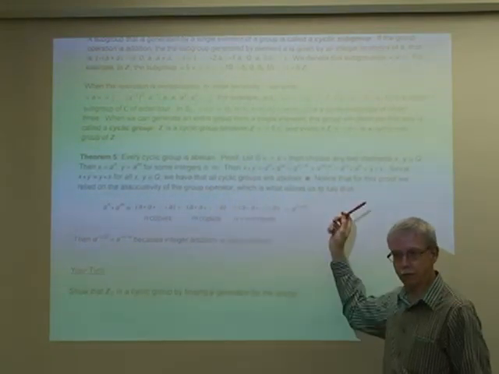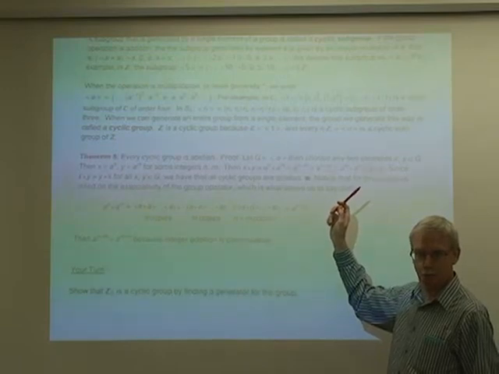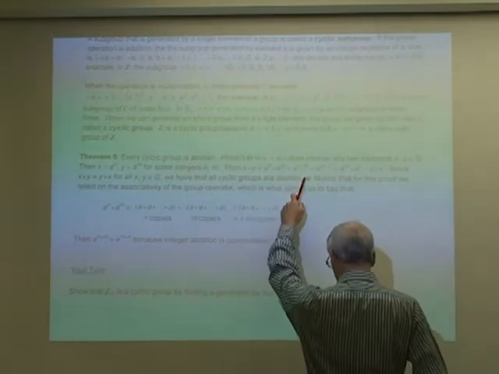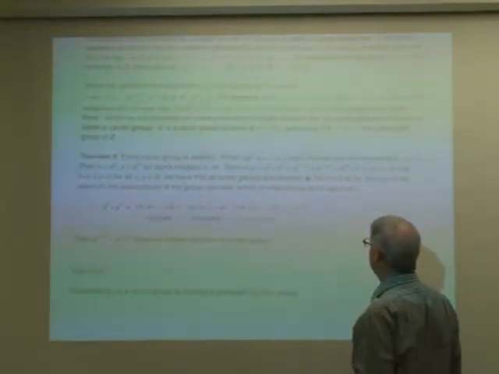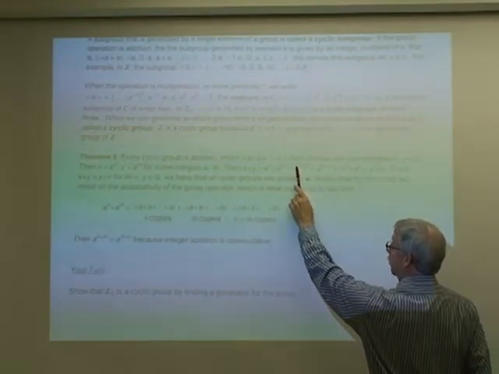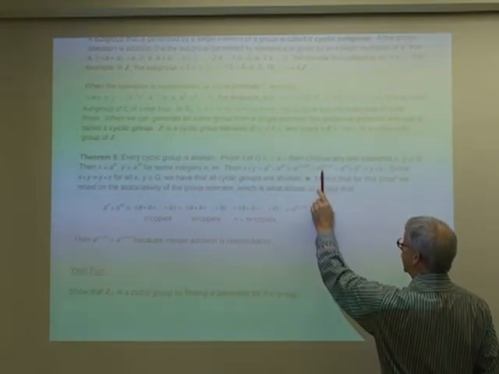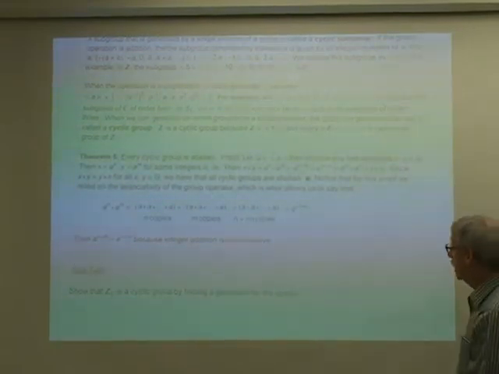So how many a's do I have all lined up? m plus n, right? So that's why this power rule, addition of exponents, still works. But you can't think of it as regular exponentiation because these must be integers. Right? But then, once I get that result, n plus m is the same as m plus n by integer arithmetic. And so I get back, so all cyclic groups are abelian. That's an important thing to remember.